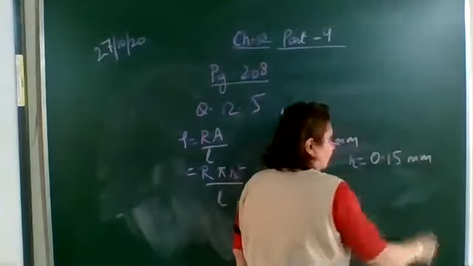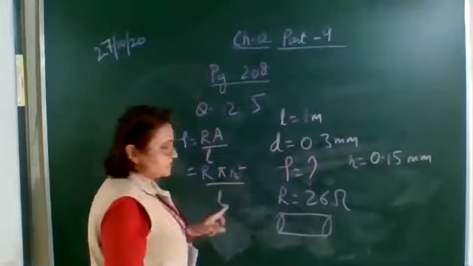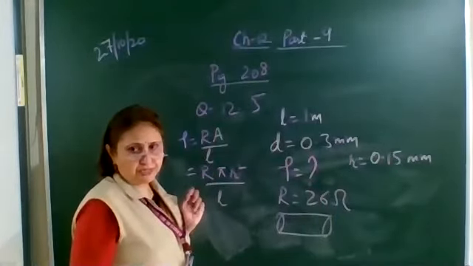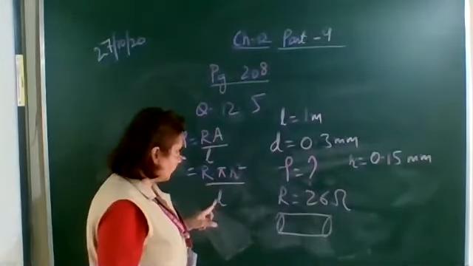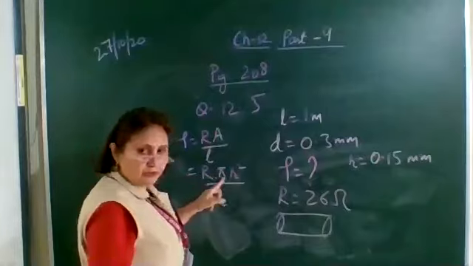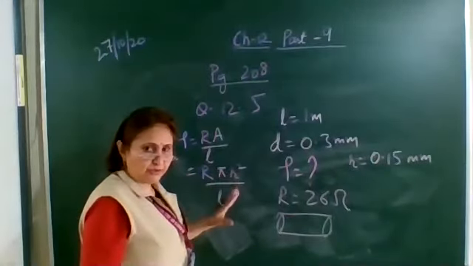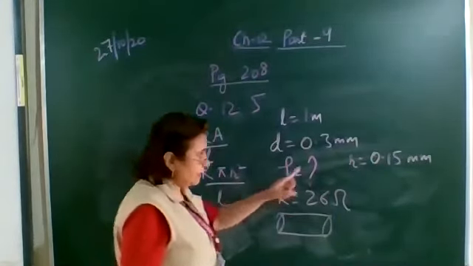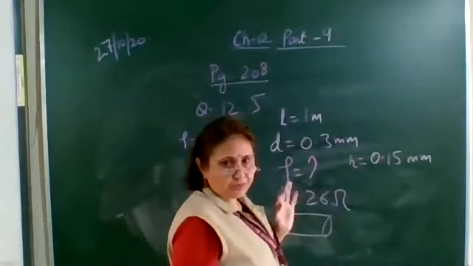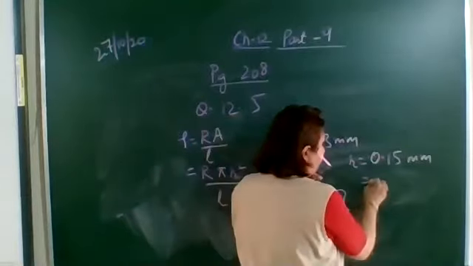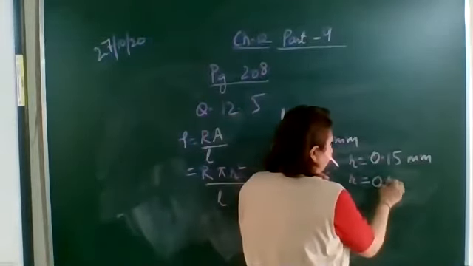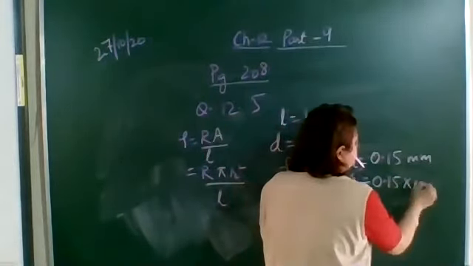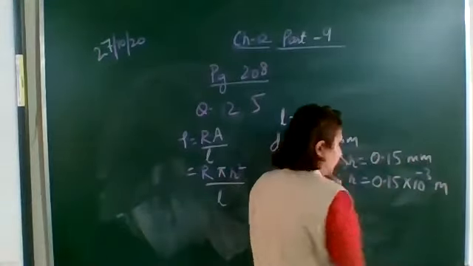Okay, because the length is given in meter, so in order to get the resistivity in ohm into meter, this radius should also be in meters. How to convert? 0.15 into 10 raised to the power minus 3 meter.